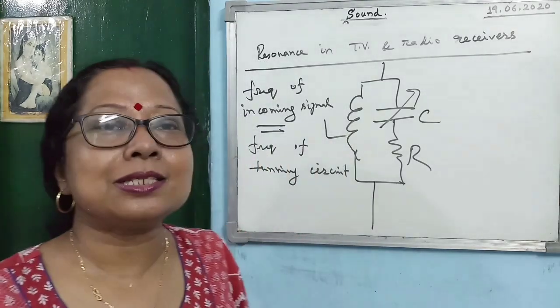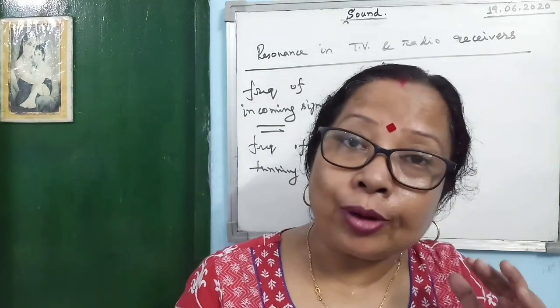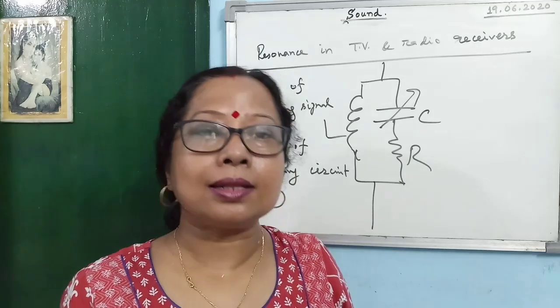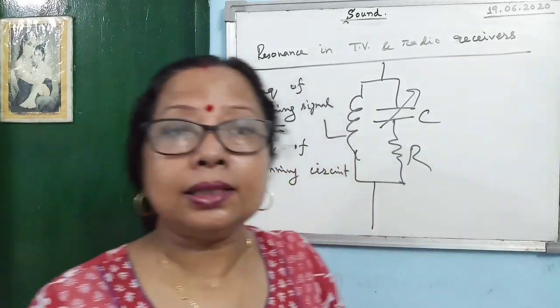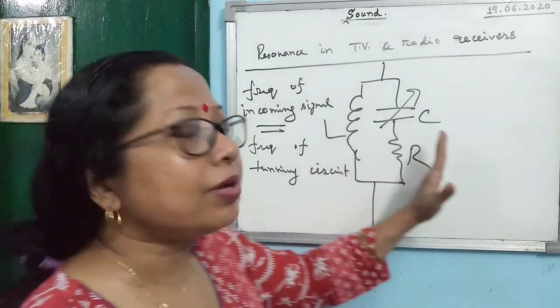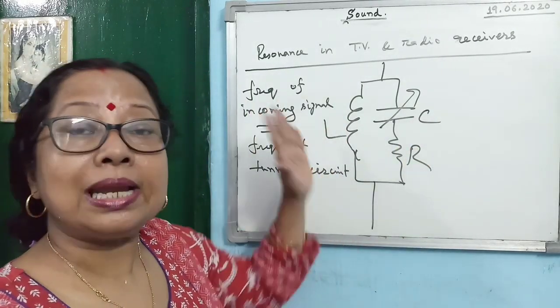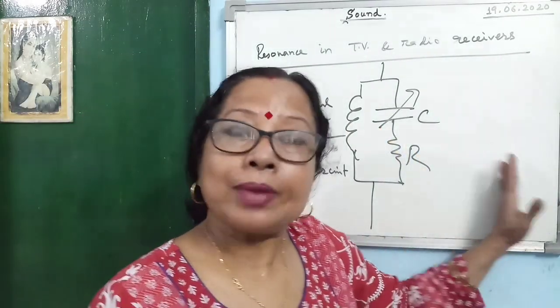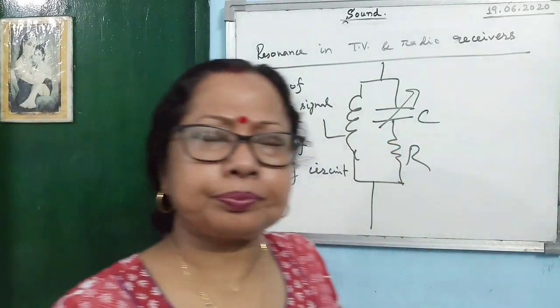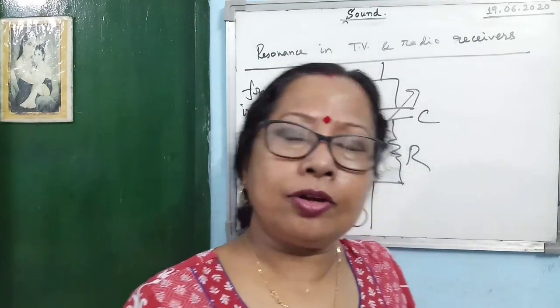As it is an electrical resonance, unlike mechanical resonance, you will not hear a louder sound. Rather, the receiver circuit will catch the signal and allow it to pass through, and you will observe the program of that particular channel in radio and TV.